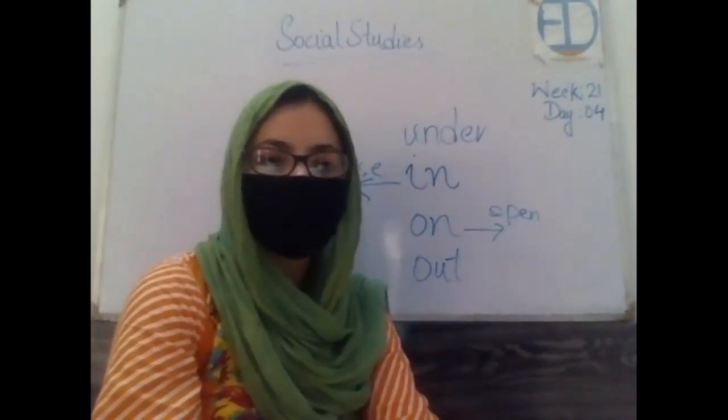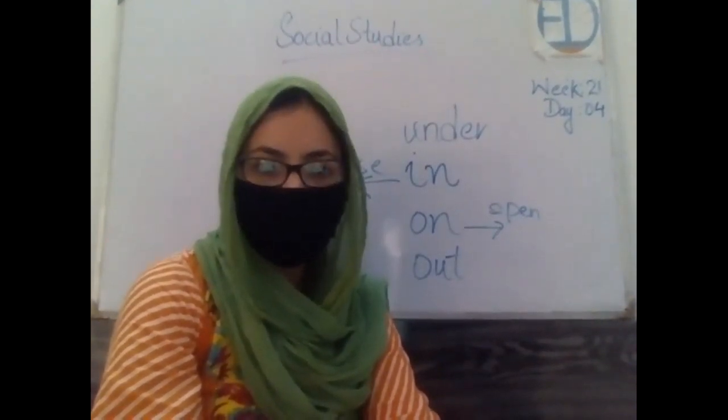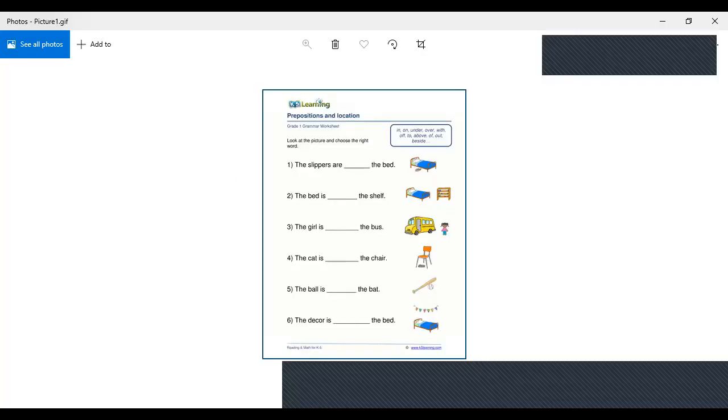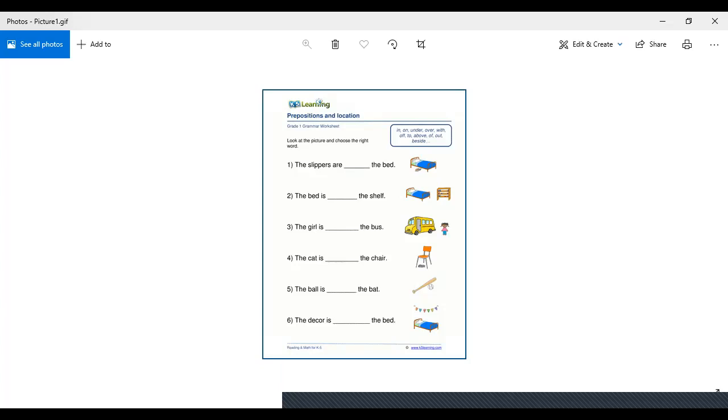Okay, now I'm going to share the screen with you, and we will be doing an interesting activity related to this together. Look at this. There are some prepositions given in the box, and then some sentences are given. You are supposed to choose the word from there and fill in the sentence, okay? The first one is: the slippers are dash the bed. Look at the slippers.